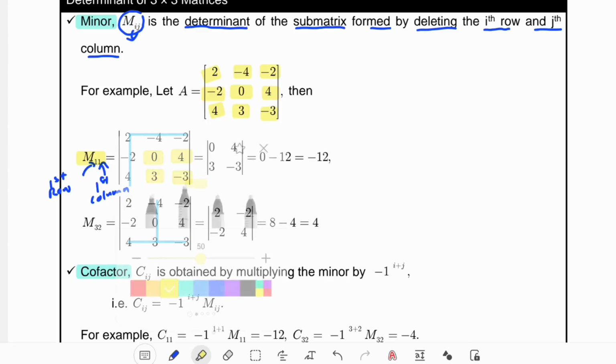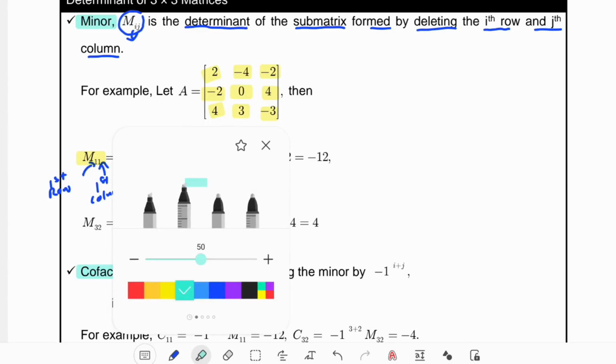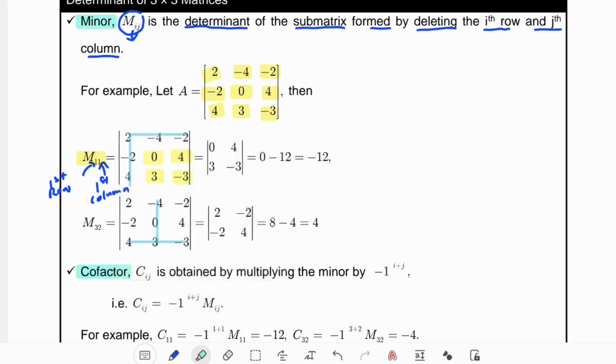Since the definition of minor is the determinant, after we get this 2 by 2 matrix, after we delete the row and the column, you need to find its determinant.